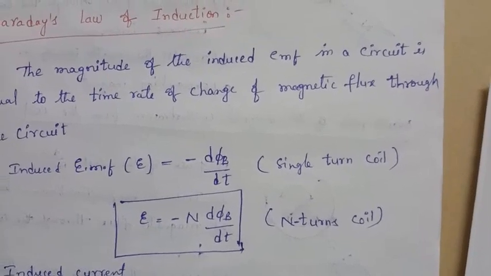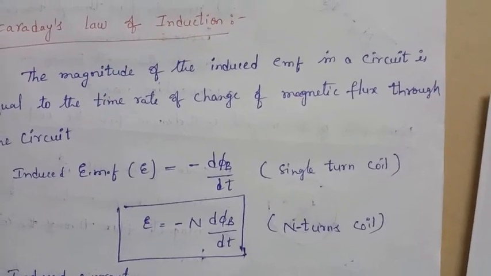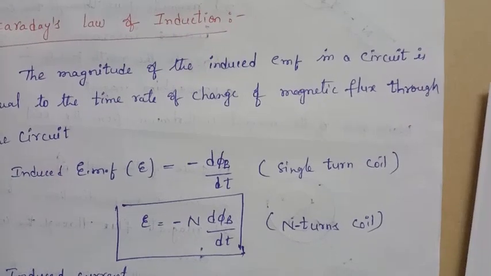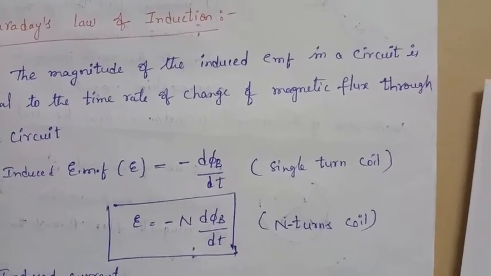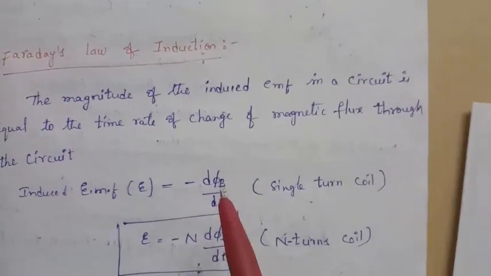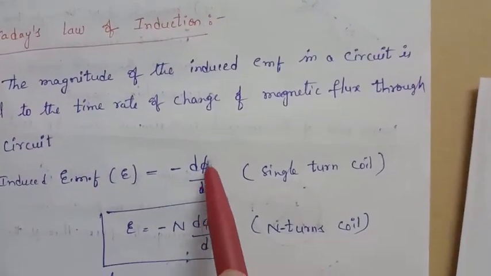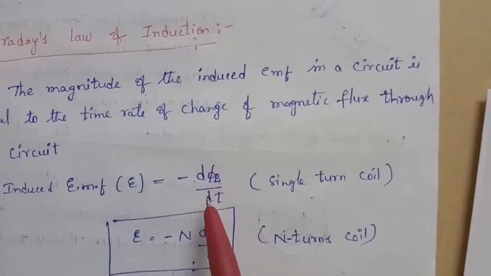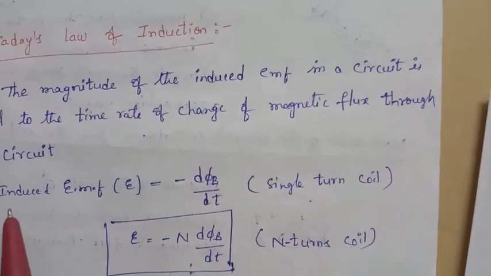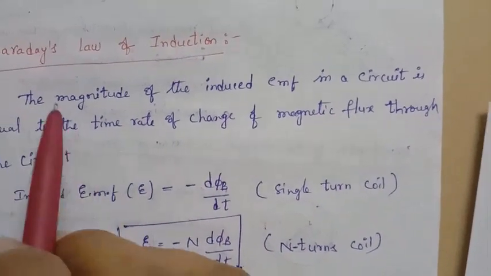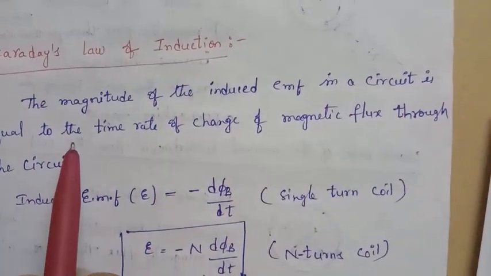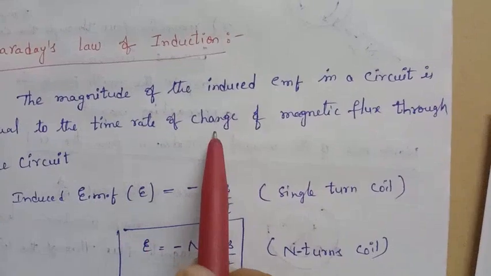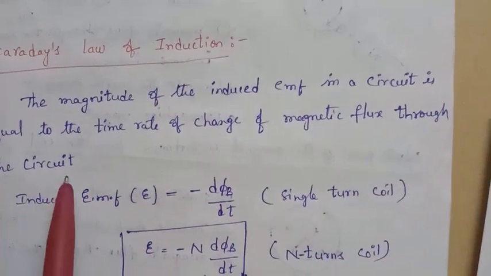At that time there is a change of magnetic flux through the coil, and it induces an EMF. So the magnitude of the induced EMF in a circuit is equal to the time rate of change of magnetic flux through the circuit.